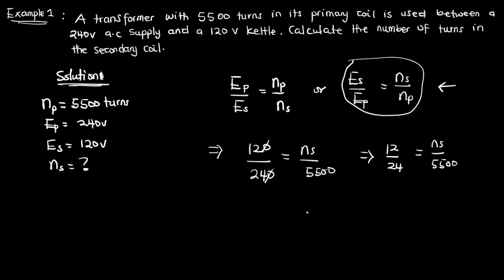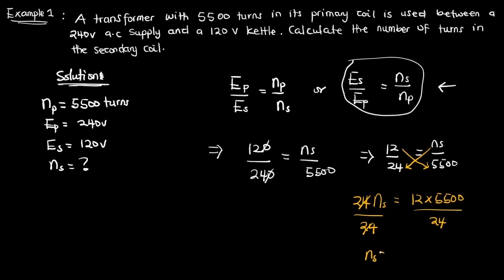I can cross multiply. This will multiply this, this will multiply this. So from here I have 24 NS is equal to 12 multiplied by 5,500. To find NS, I divide both sides by 24. This will cancel this.